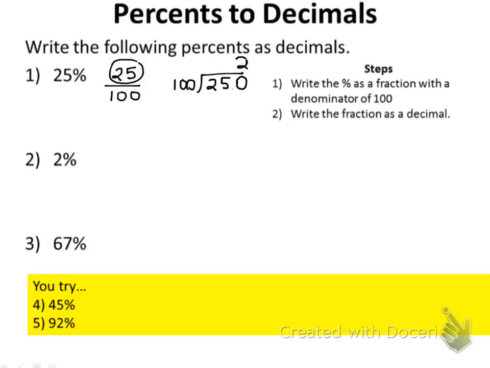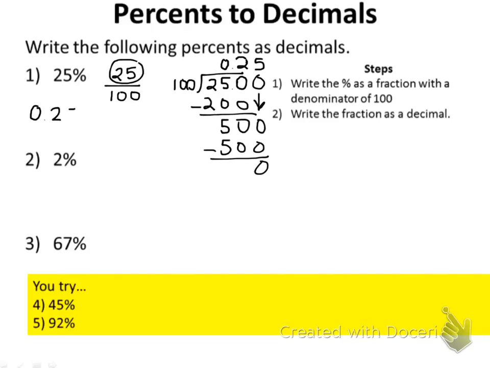And 2 times 100 is 200. 250 minus 200 is 50. Now I add a 0 here and bring it down. How many times can 100 go into 500? It's 5 times. 5 times 100 is 500. And we get a remainder of 0 down here at the bottom. Now I need to make sure I've written a 0 at the top and a decimal here. Okay, so that means that 25% written as a decimal is 0 and 25 hundredths.